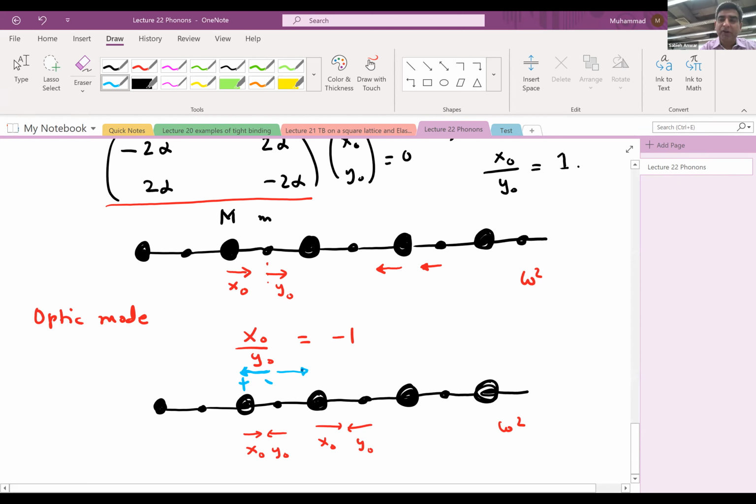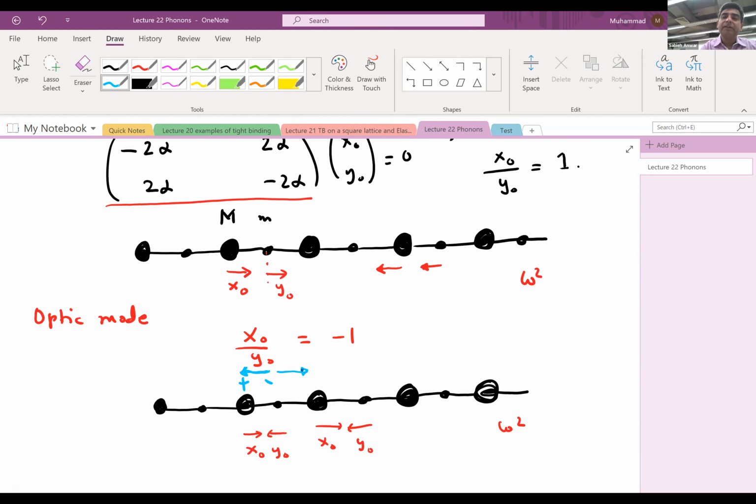And such an oscillating electric dipole has the ability to interact with incoming photons, electromagnetic radiation. And this frequency, with the masses of atoms that are commonly available, is normally in the infrared range. So this oscillation interacts with infrared photons, and that is why it is called an optical or an optic mode.